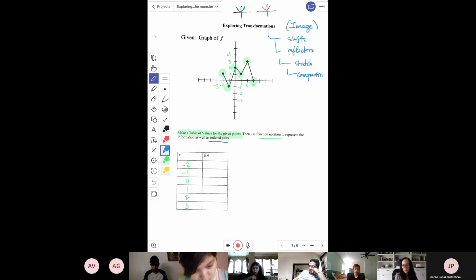So if I look at my graph and I look at my output, remember f of x represents my output y, my range. So if I look at my input -2, when x is -2, what is y on this graph? When x is -2, what is y? You tell me.